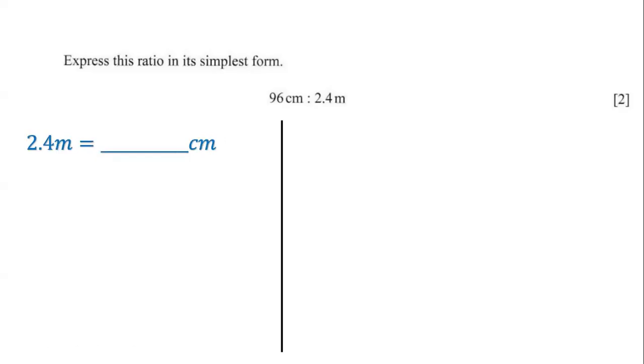So let me ask you the question. What is the acronym that I'm going to use to convert meters to centimeters? Knock him down, Minister, don't commit murder. Very good. That's the acronym I'm going to use, right? It's easy to remember. Very catchy.